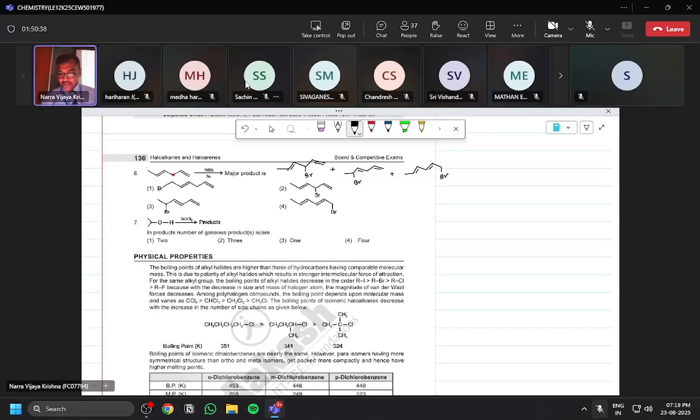Response, sir. Plus another possibility. Is this carbon also allylic to this double bond or not? For this double bond, this is the allylic carbon. So you can get bromine there also. So these are the four possible products.